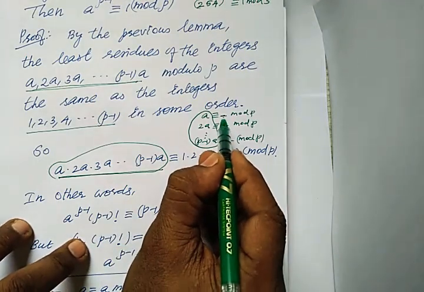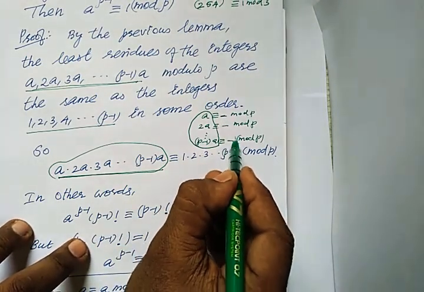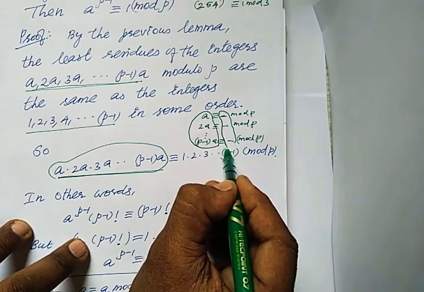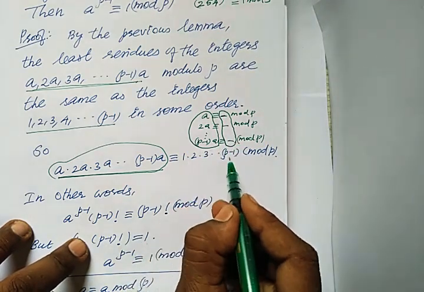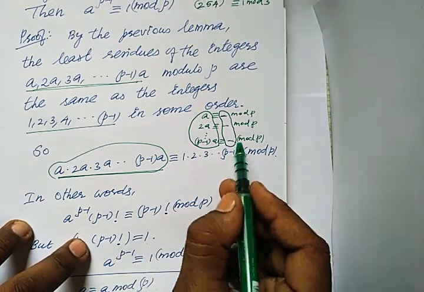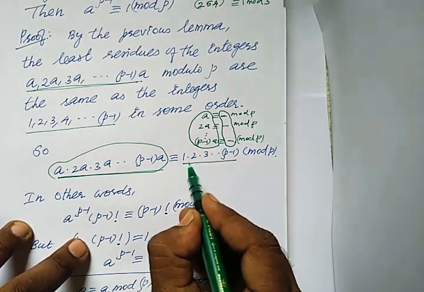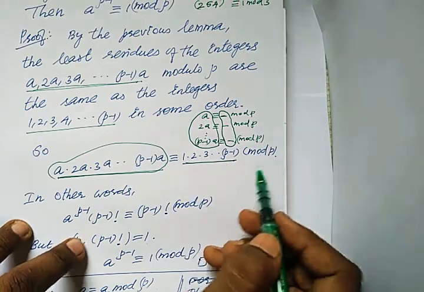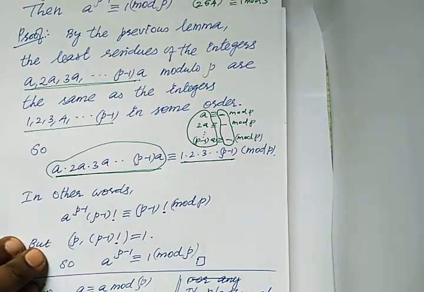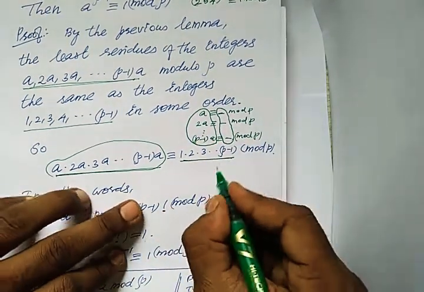But we don't know each term, but we know that if we collect all these terms, we will get 1, 2, 3, up to P minus 1, right? So if you multiply these right-hand side terms, we get P minus 1 factorial mod P. This is possible, right? We have studied this one.